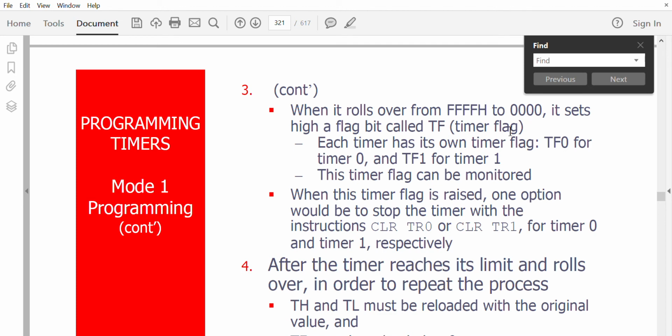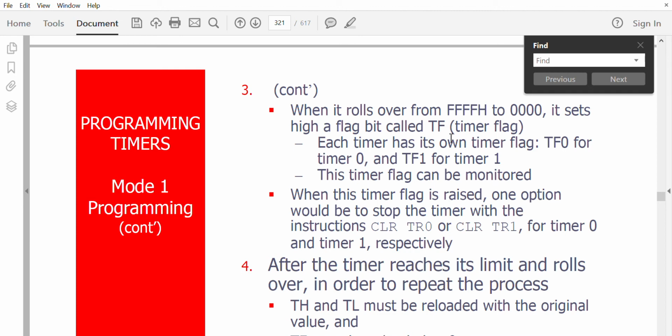So the timer flag has TF0 and TF1. There are two types of timer flags, one for timer 1 and one for timer 0, and we will analyze whether this timer flag is going to 1 or not. It will go to 1 when the timer counts from FFFF to 0000.